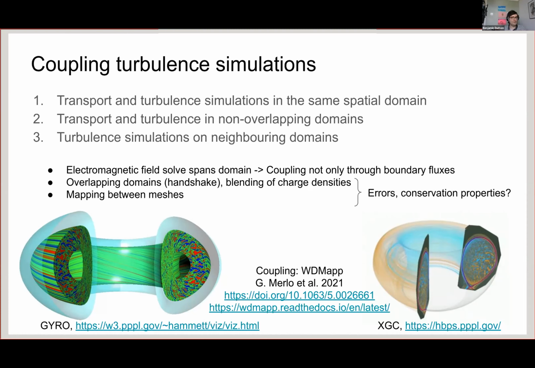They feel the electric and magnetic fields, and so if you have a small change in one location, that electric field or magnetic field propagates a very long way, sort of speed of light, really, and can affect essentially your entire domain. And so this coupling tends to need overlapping regions, and this brings in all kinds of problems of how you ensure conservation properties, particularly since you really care about small differences in large quantities.